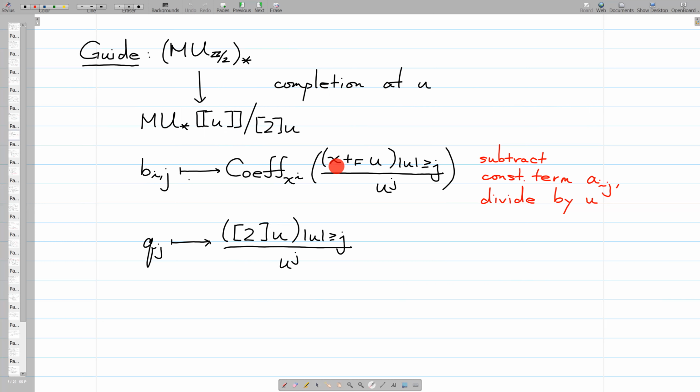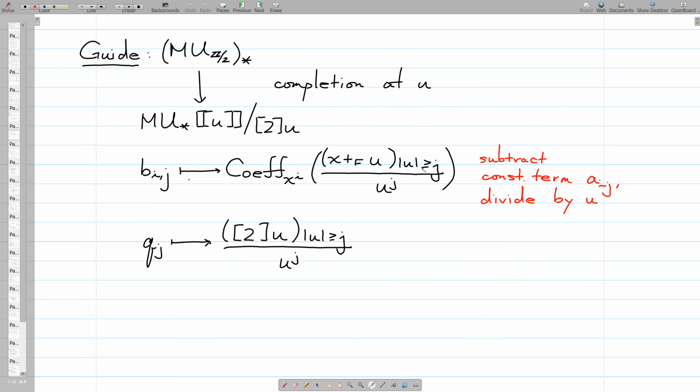So you take X plus F U, where X is again a formal variable. This notation means that you take only the part where the exponent of U is j or more. So you throw away all the terms where U has a lower power than j.